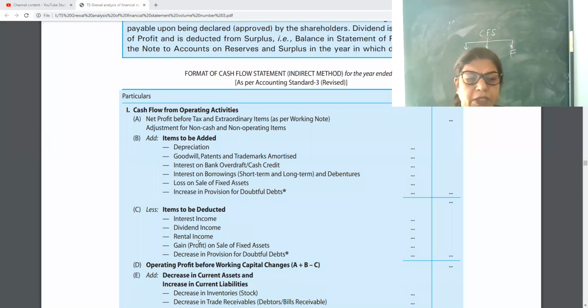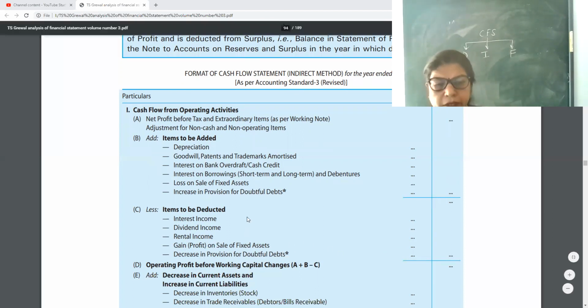Now what are to be deducted here? Interest paid should be added, then interest received should be subtracted. Dividend received, rental received. Then if loss on sale of fixed asset is to be added, then gain on sale of fixed asset should be subtracted. Easy to learn. If we are paying interest, we should add it, and if we are receiving interest, we should deduct it.